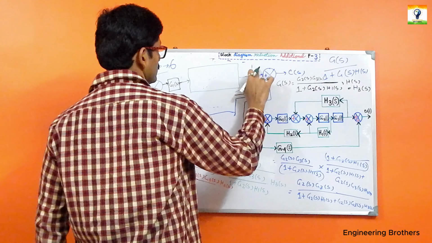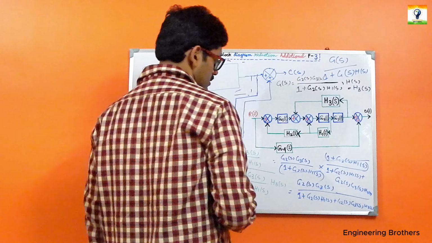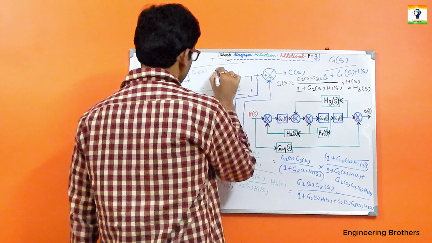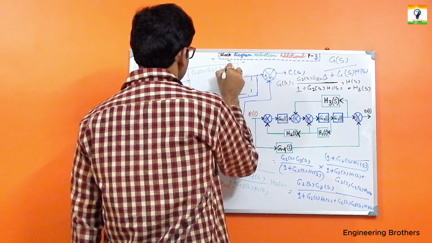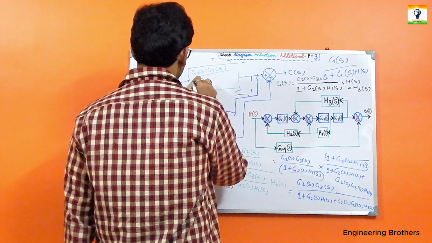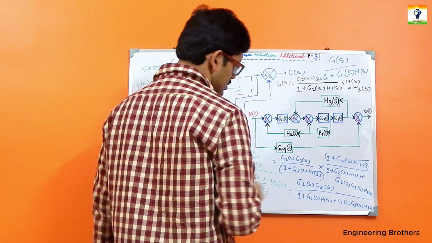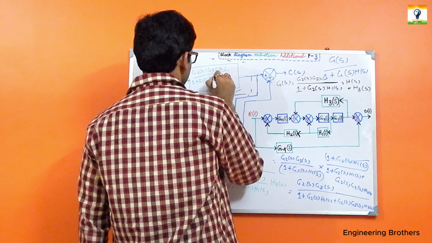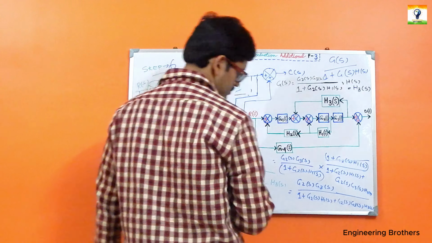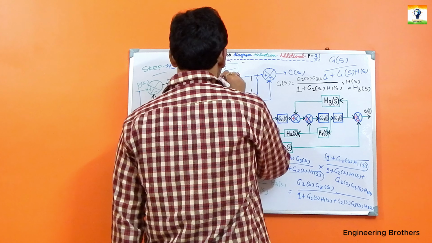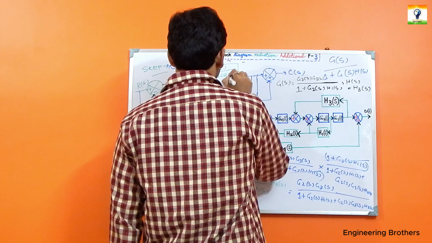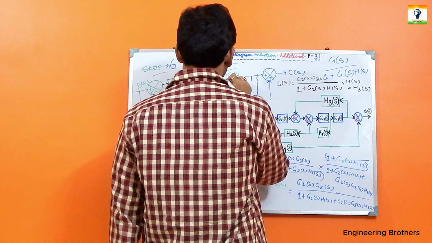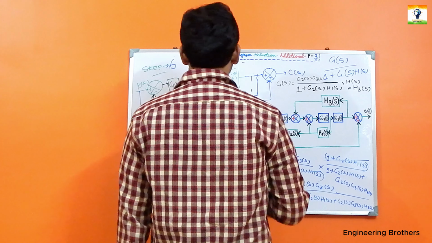Okay, now inside our block we have got G2S G3S divided by our 1 plus G2S H1S plus G2S G3S H3S will be present over here.